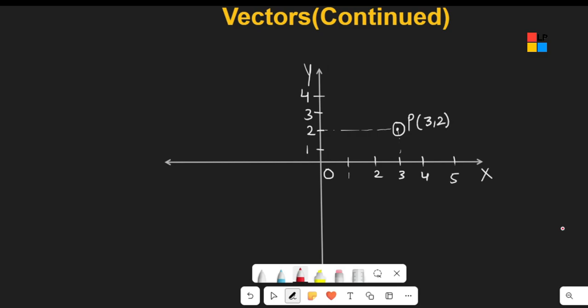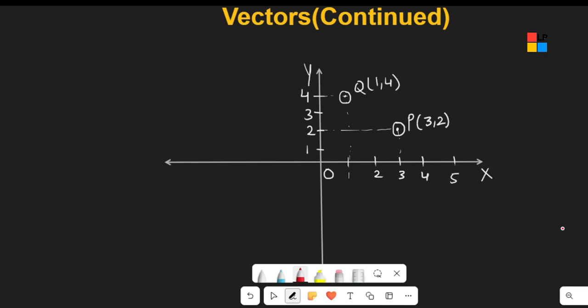Okay, so these are the coordinates of the point P, and similarly there will be one more point, let's say at this position. So the coordinates of this point are 1 and 4. So the point will be Q (1, 4).